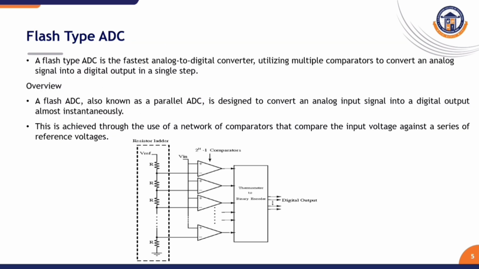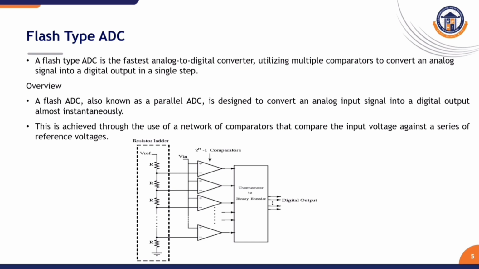Next, the general diagram of the flash type ADC. Now let us understand what a flash ADC is. A flash ADC is also known as parallel ADC and is the fastest type of analog to digital conversion that is available. Unlike other ADCs which convert the signal step by step, a flash ADC converts the input in a single step. This is possible because it uses multiple comparators working in parallel instead of working repeatedly.